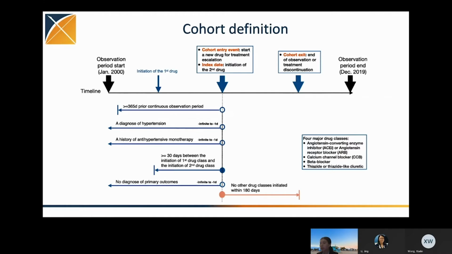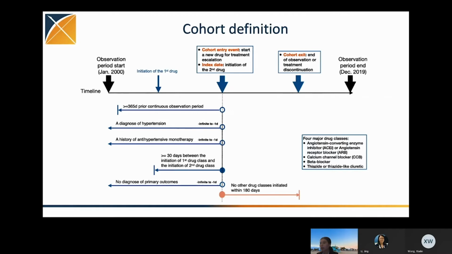In our first aim for treatment utilization, I want to mention that we relaxed this inclusion criterion of no diagnosis of primary outcome. This will allow us to compare patients with and without history of cardiovascular disease.